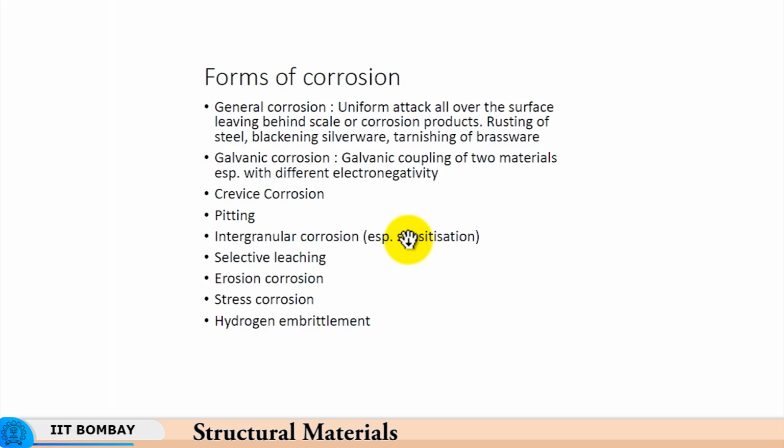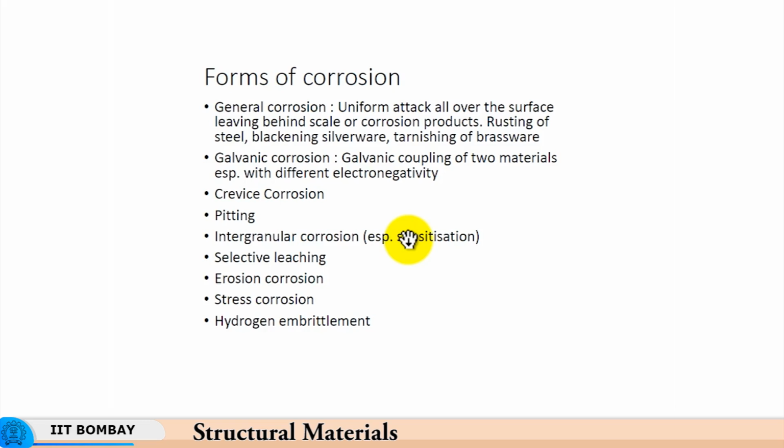Still, because of the stress, there is a generation of a region of relatively higher energy, higher strain energy, due to which the corrosion steps in to minimize that energy. So, this is stress corrosion, which is very similar to intergranular corrosion in that the corrosion takes place at the grain boundaries, because these are the regions where the energy is maximum.